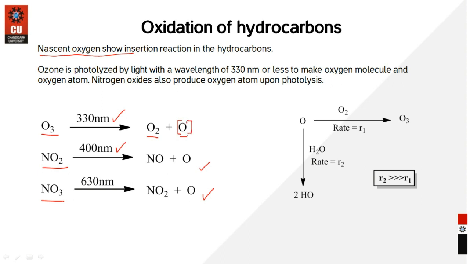This nascent oxygen may react either with an oxygen molecule or with the moisture present in the atmosphere. If it reacts with oxygen, it forms ozone again, which means ozone on irradiation is split into oxygen and nascent oxygen.